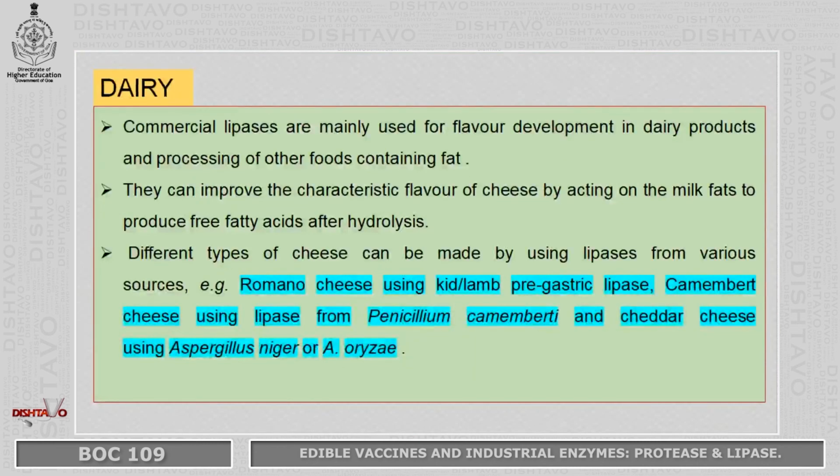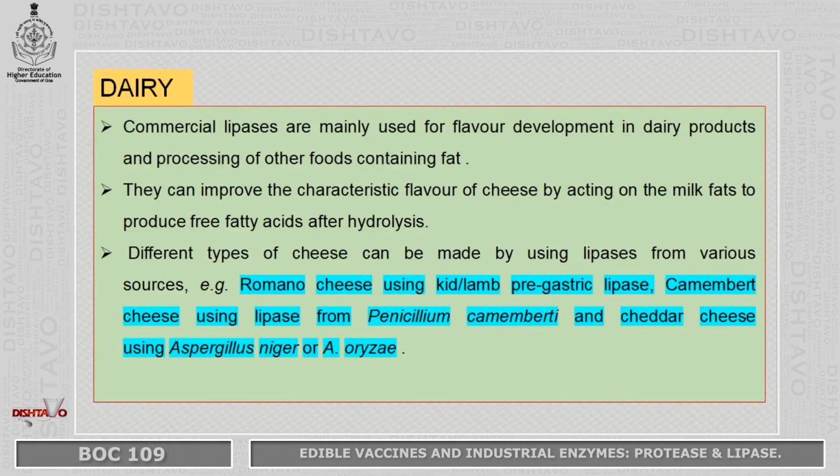They're also widely used in dairy for flavor development in dairy products and processing other foods containing fats. They can improve the characteristic flavor of cheese by acting on the milk fats to produce free fatty acids after hydrolysis.